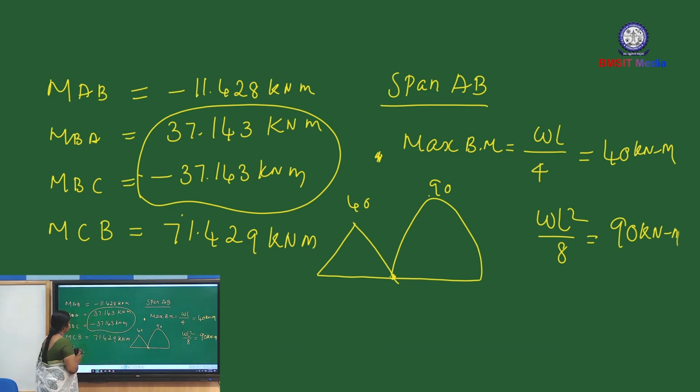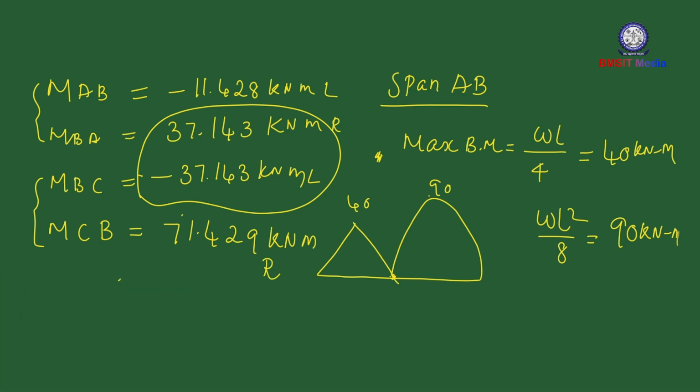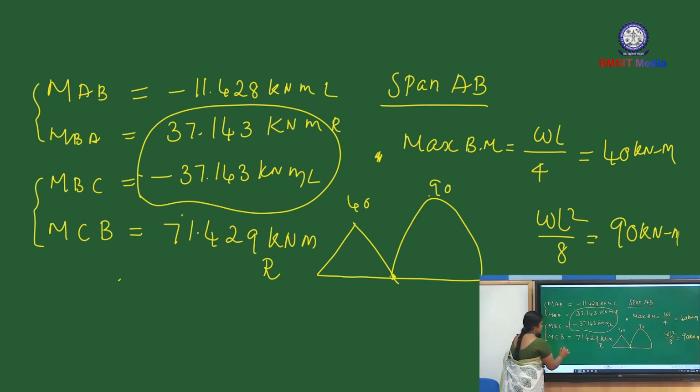Now we have to draw these end moments MAB, MBA, MBC, MCB. This is for span AB, this is for span BC. For span AB, this is the left side and this is the right side. Coming to span BC, this one is the left side and this one is the right side. The sign convention is left side anti-clockwise moment, right side clockwise moment.